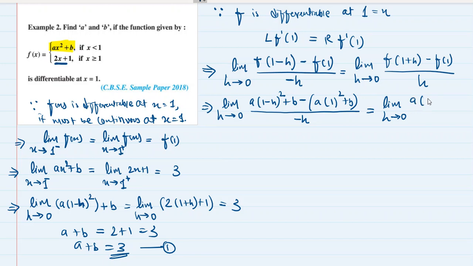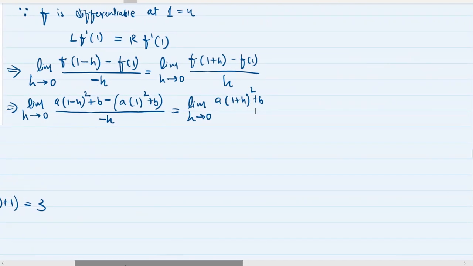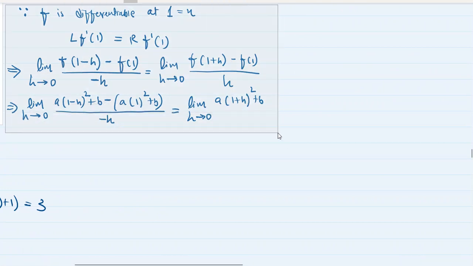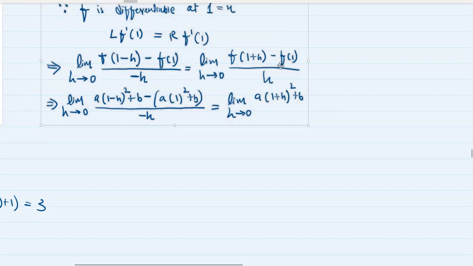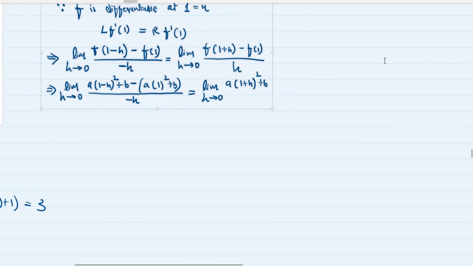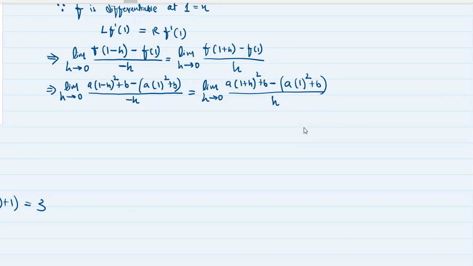So a(1 + h)² + b minus (a(1)² + b), the whole upon h, correct. Let's figure it out, and let's find a relation between a and b.